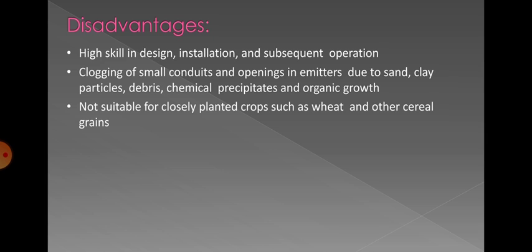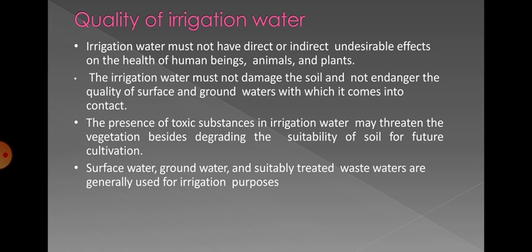There are some disadvantages too, that are high skill in design, installation, and subsequent operation, clogging of small conduits and openings in emitters due to sand, clay particles, debris, chemical precipitates, and organic growth. It is not suitable for closely planted crops such as wheat and other cereal grains.